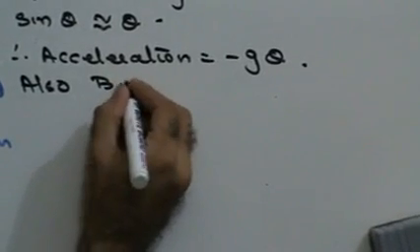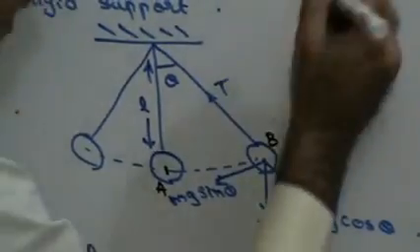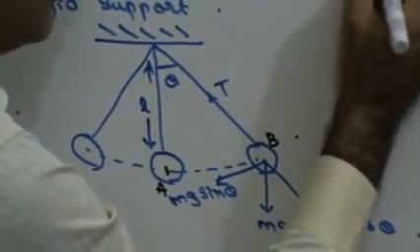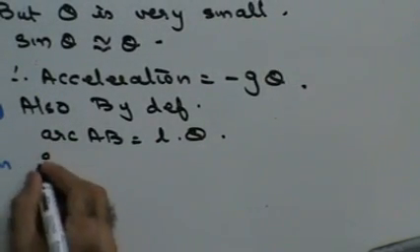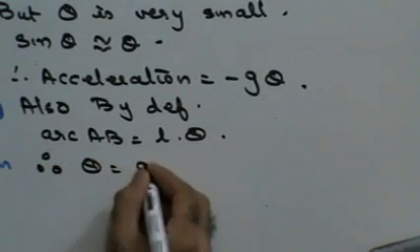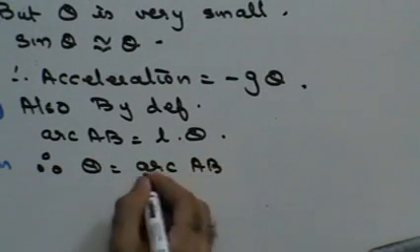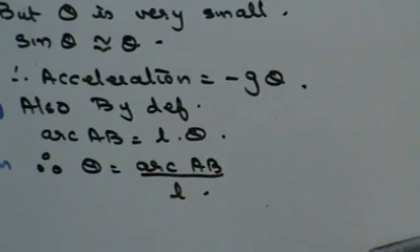By definition, let's call this point as A and this point as B. So arc AB is equal to L into theta, as the radius is L. Therefore, I can say that theta is arc AB upon L.